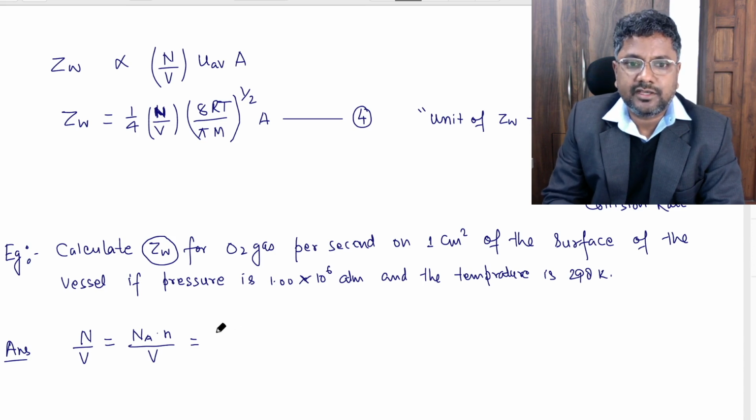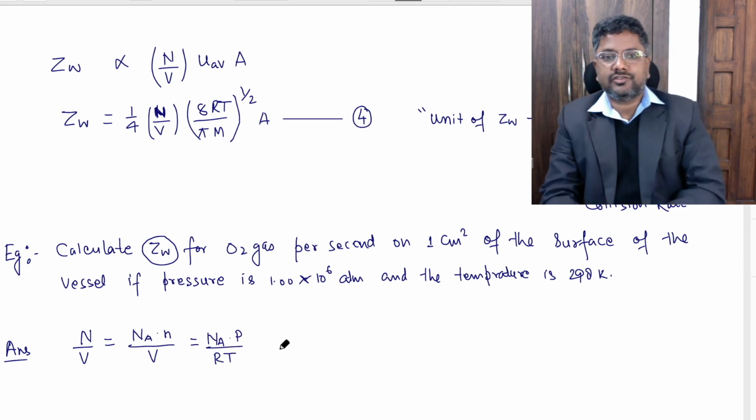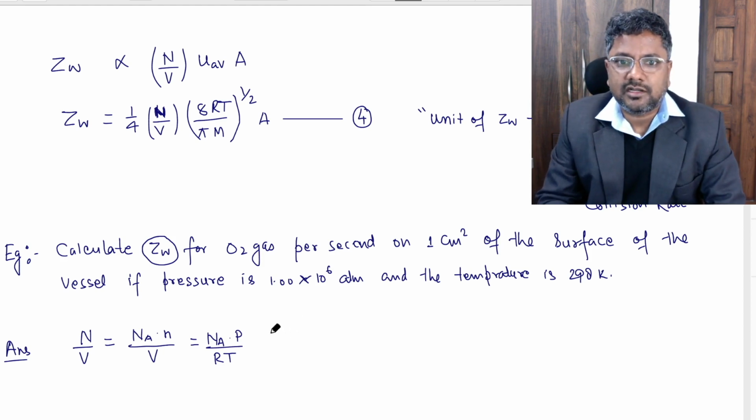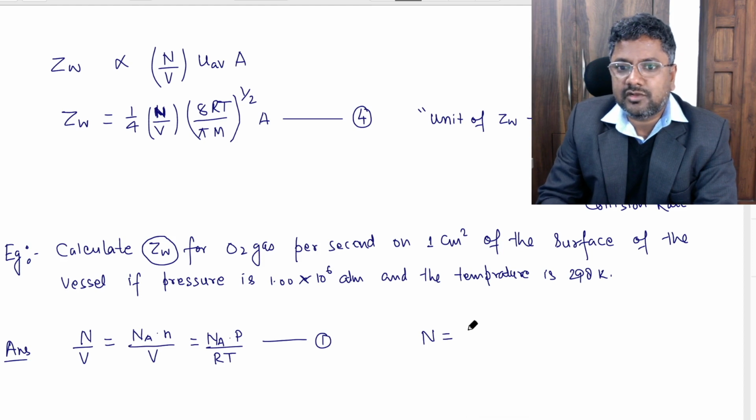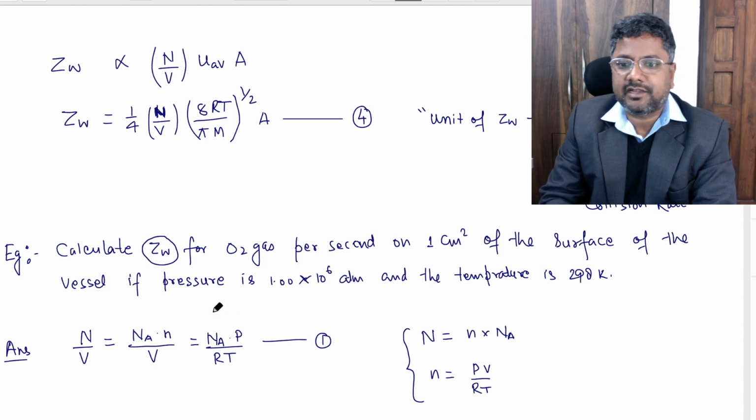So we can write N A into P by RT. I think all of you are clear with how I have written this formula. Number of molecules is equal to number of moles into Avogadro's number, and number of moles n is equal to PV by RT. By using these two equations, I have written this.